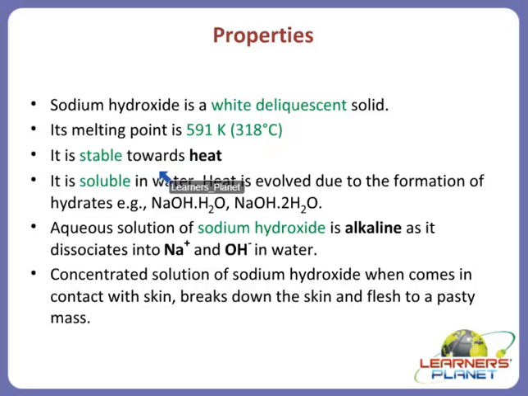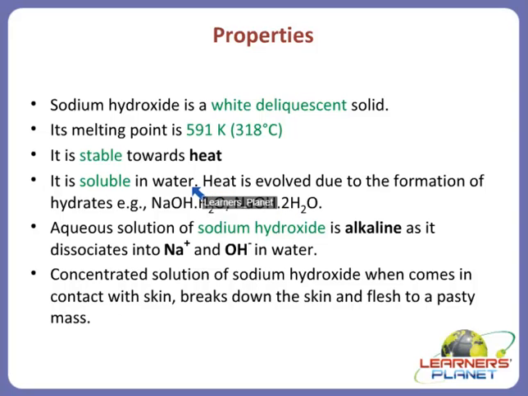It is stable towards heat, that is, heat has no effect on it. It is soluble in water, fine. Heat is evolved due to the formation of hydrates, that is NaOH.H2O, NaOH.2H2O. Right?